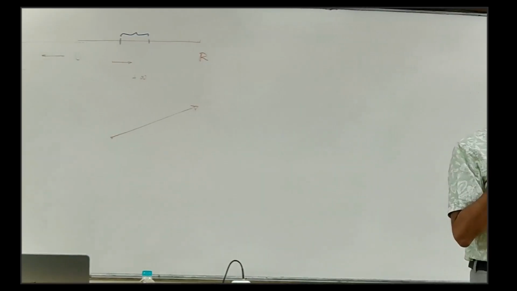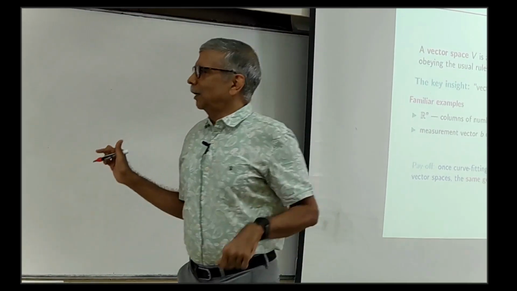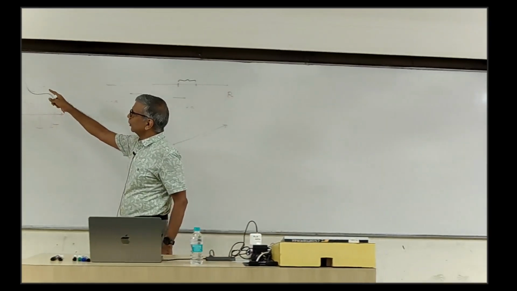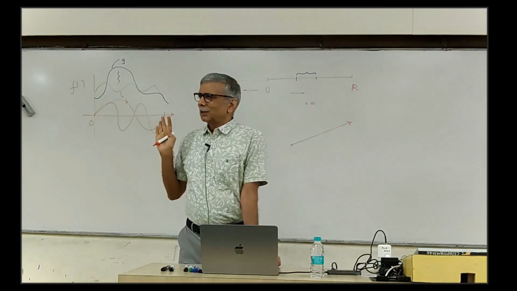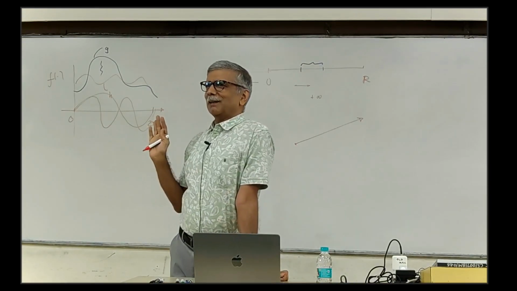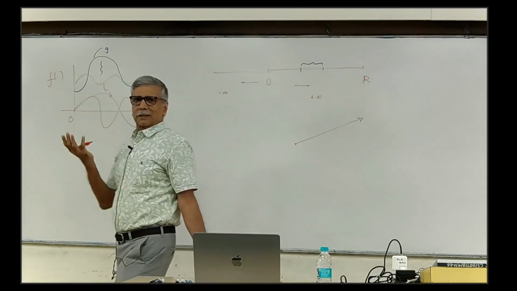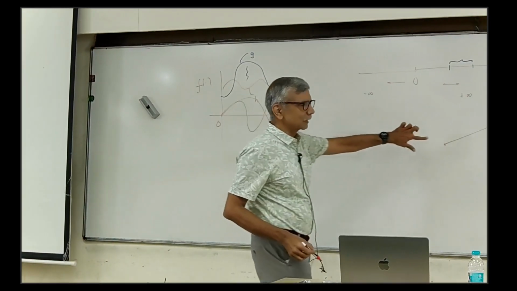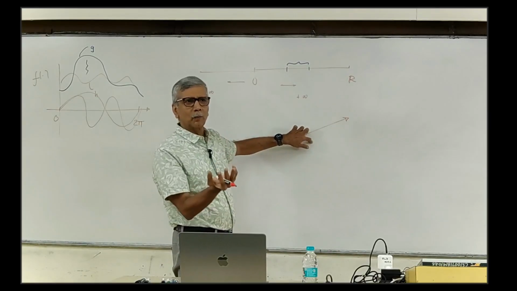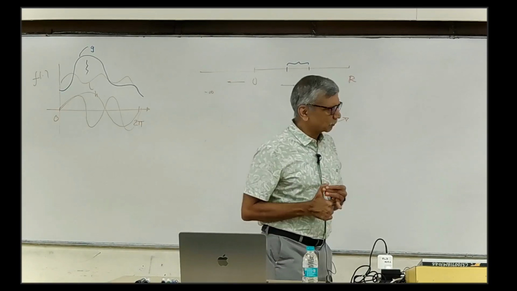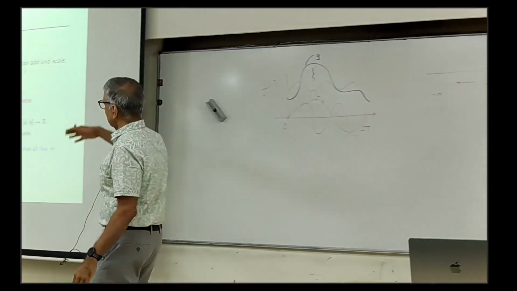Am I correct on that? Does everybody agree? If I told you this is a vector, you would definitely not accept that. You'd say, that doesn't look like a vector. It is. In fact, this is just one small subset of what we call vectors, and therefore we need something called a vector space.